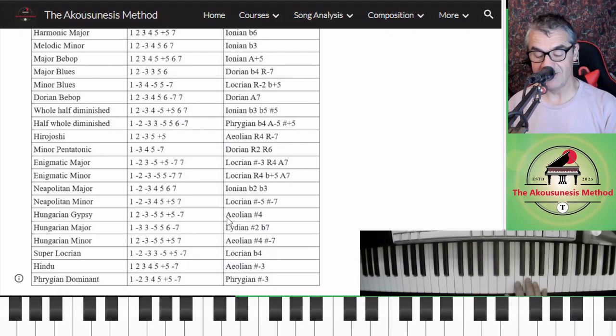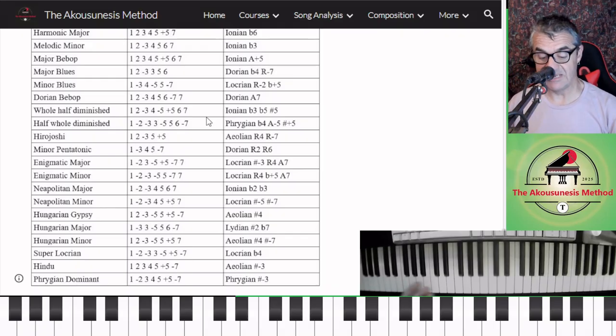Well, if we know the Aeolian, we just have to know what we change from what we already know. So rather than remembering everything new, we can cut the amount of time it takes to learn things down by just knowing 7 modes and how to play them in all keys.